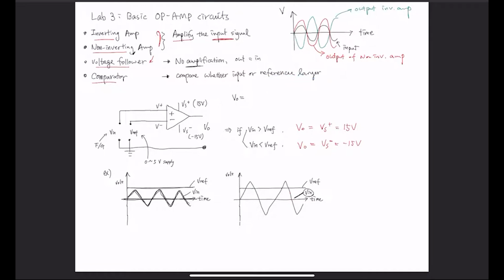Okay, so the circuit for a comparator looks like this. It has an op-amp, and your input is fed into the V positive, your reference signal is going into the V negative input, and of course you have to supply voltages and you are measuring your output.